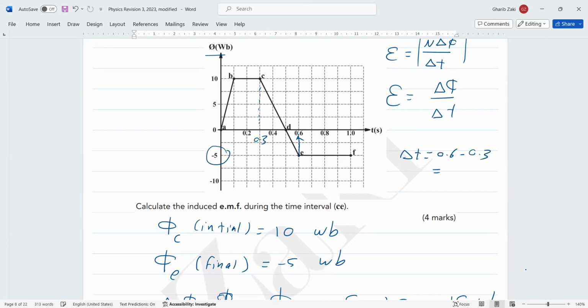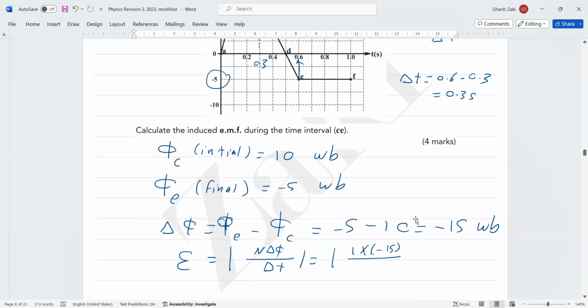Then the change in time is 0.3 seconds. When you do this with the calculator, it becomes -50. We take the absolute value, the magnitude, it's 50 volt. Okay, guys, I hope you understand this question. Next question.